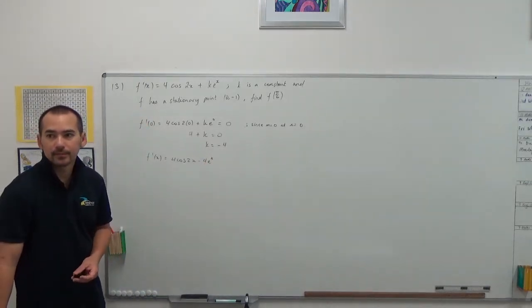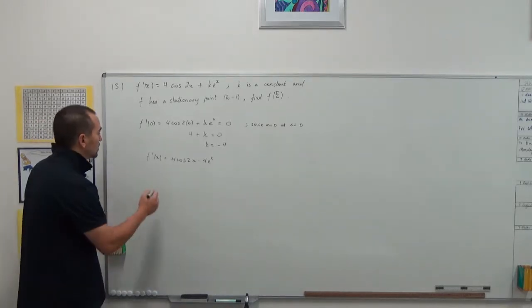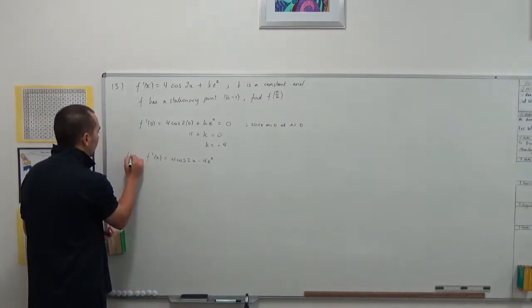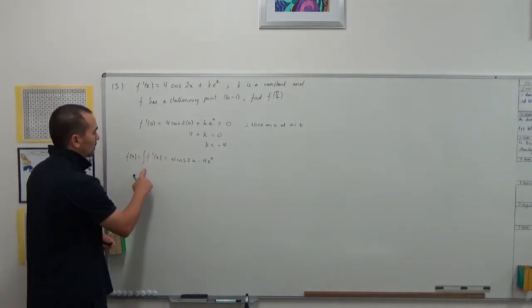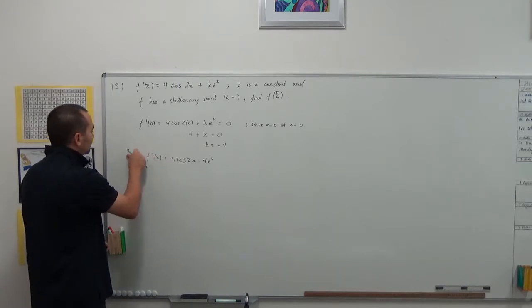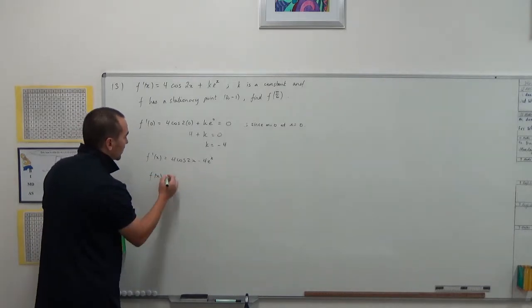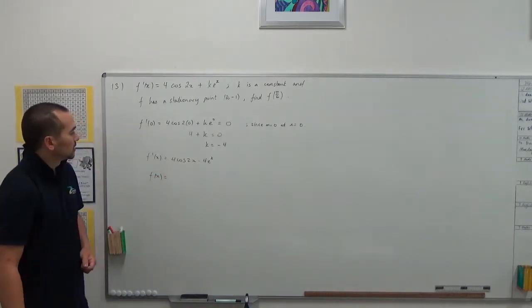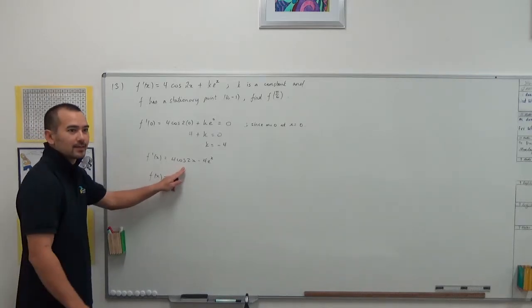Okay? Can we integrate this now? Yeah, we can. So if I want to know what f of x is, I'm going to integrate. So f of x is equal to the integration of that. So what is the integration of cosine? Sine.